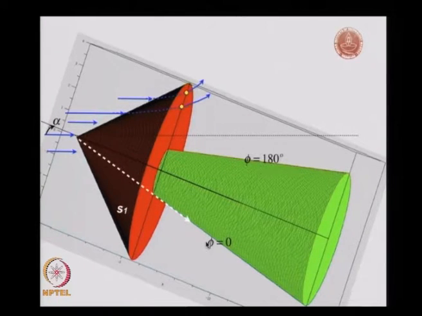When we have this flow, the free stream comes from here and encounters this part of the shock, the bottom part of the shock, and we will have the streamlines in this particular case. Since there is no symmetry here, it is not going to spread out nicely.